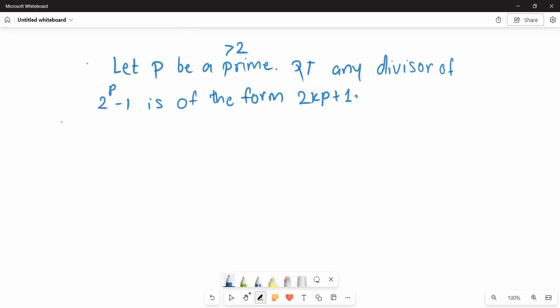So this is equivalent to showing that if D divides 2 to the power P minus 1, then D is congruent to 1 mod P, right? So how will you show this?